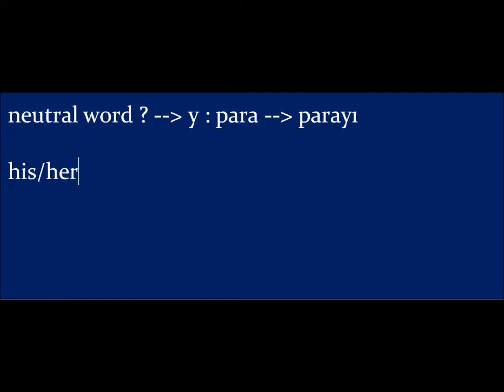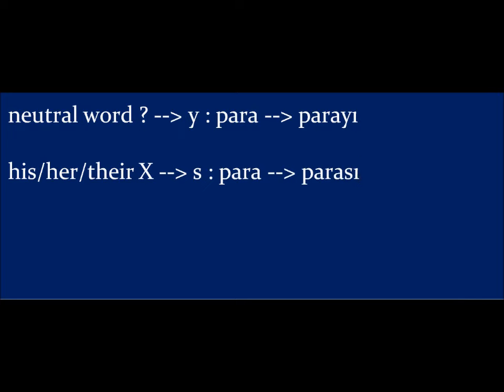His or her or their something, that something's going to be x. Then you're going to have to use s. So para becomes their money or his money. It's going to be parası.